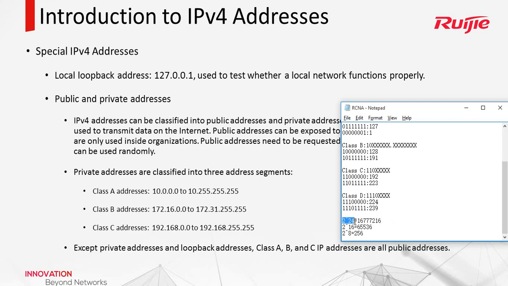So 2 to the power of 24 gives so many IP addresses for hosts. A Class B address has so many IP addresses for hosts. Then Class C has about 200 IP addresses for hosts. So next time you can calculate how many IP addresses you need, then choose which kind of IP address to use.